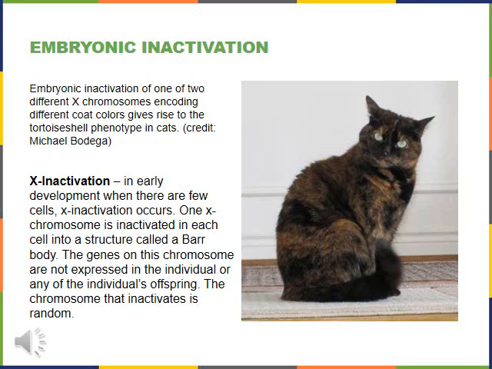Okay, so we've encoded this different coat color, and they will give rise to this tortoiseshell phenotype in cats, obviously. Phenotype, we'll talk more about that in the coming chapters, but phenotype means what your outward appearance looks like. So it's everything that somebody, when they look at you, this is what they see.